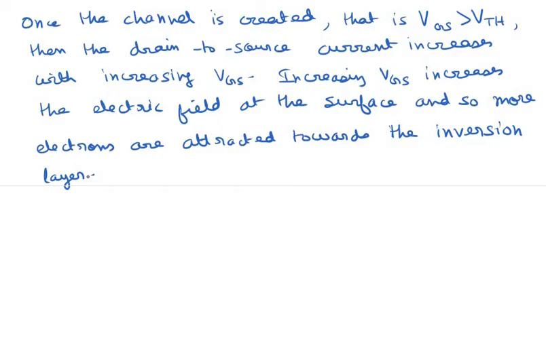Okay, so once the channel is formed, then the drain to source current basically increases with increasing VGS, and this type of MOSFET is known as N-channel MOSFET.